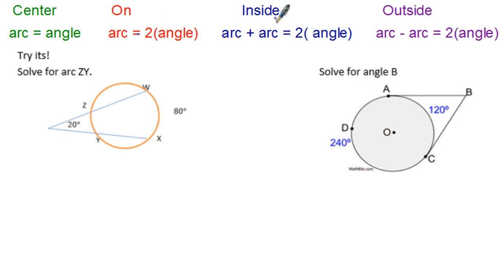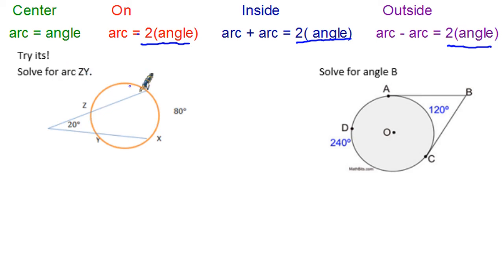If it happens inside the circle but not at the center, that's when you do arc plus arc equals 2 times the angle. And when it happens outside, it's going to be arc minus arc equals 2 times the angle. What I want to point out to you is when it's on, inside, or outside, you're always going to do 2 times the angle. So really it's just a matter of remembering that when it's inside we add, when it's outside we subtract. And that's kind of it.